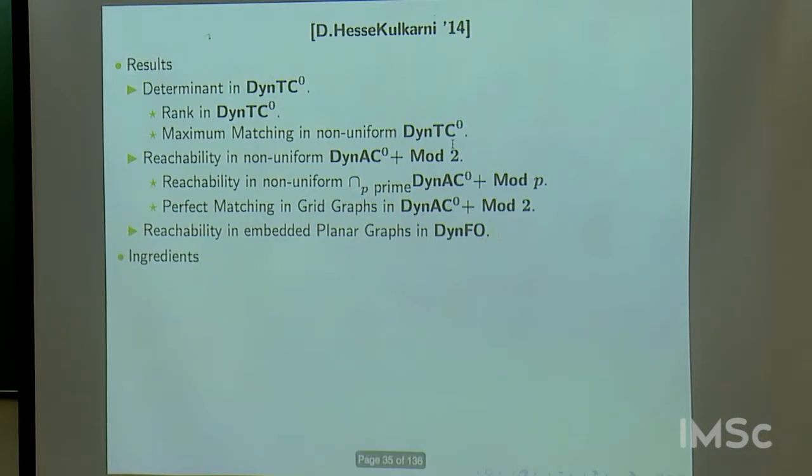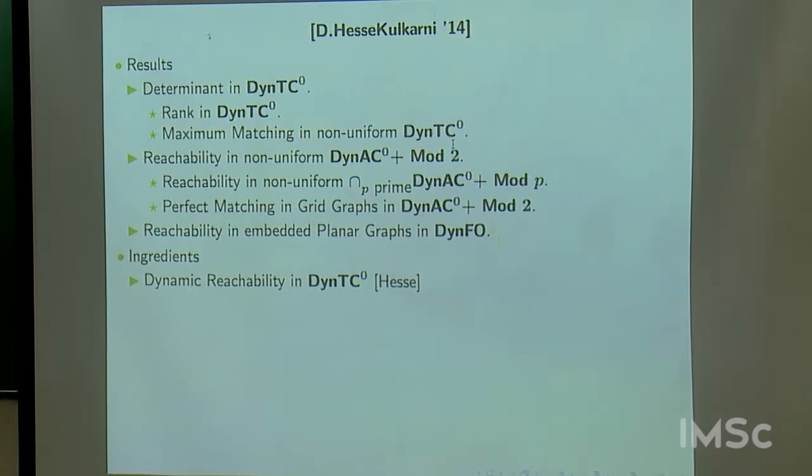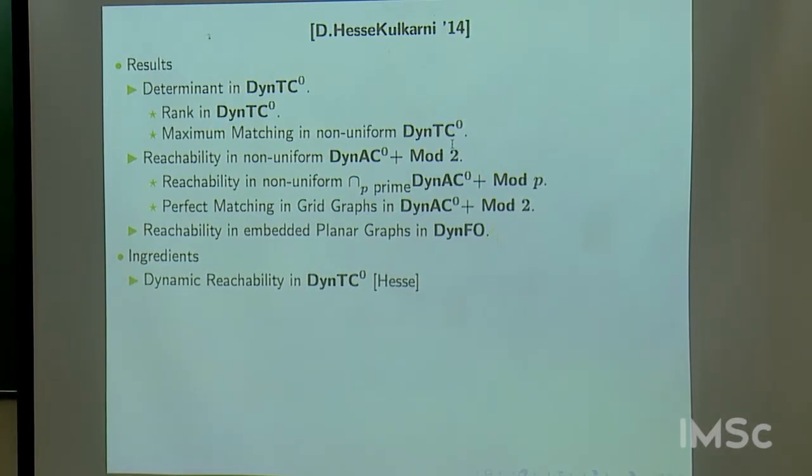So what were the ingredients that went into these results? Very quickly going over them. The first ingredient is that dynamic reachability is in dynamic TC0, by a paper of Hesse from 2005, I believe.